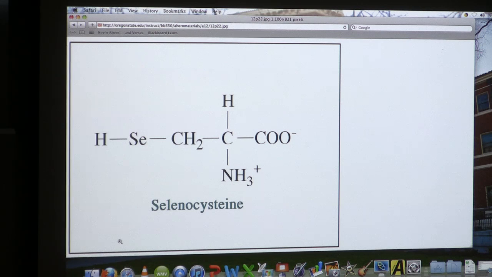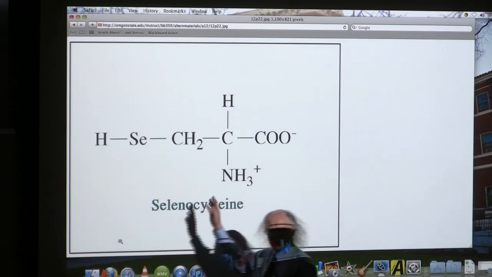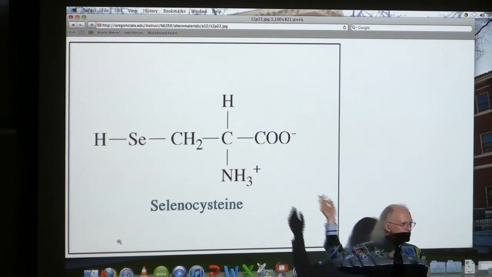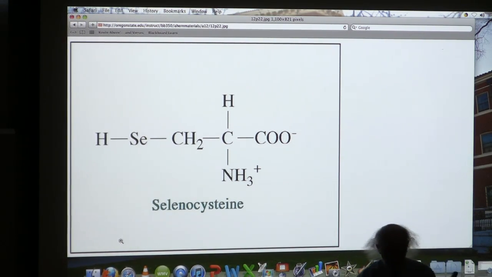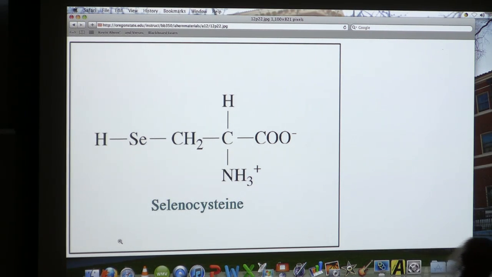One of the stop codons, and sometimes the tryptophan codon, which is actually related to those, will get charged. I'm sorry, one of those stop codons will have a rare tRNA that has this guy attached to it. During the process of translation, at a very low frequency, this guy will get put in instead of translation stopping.